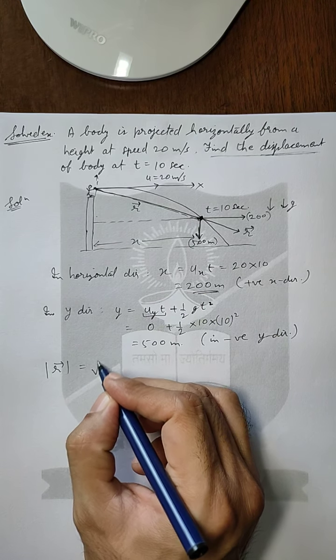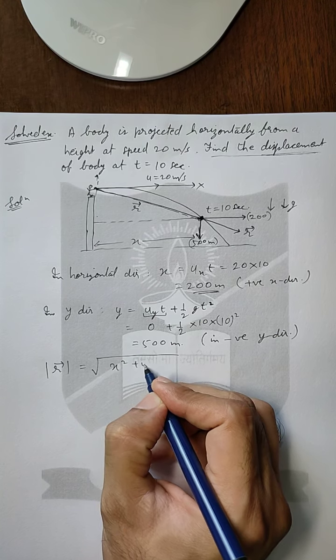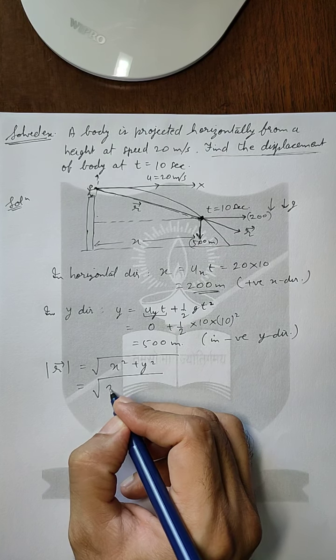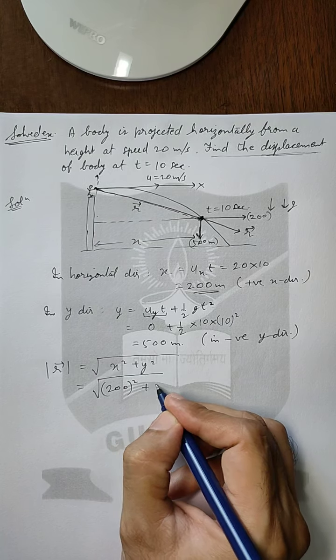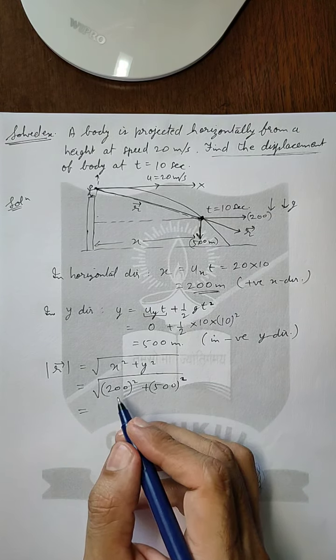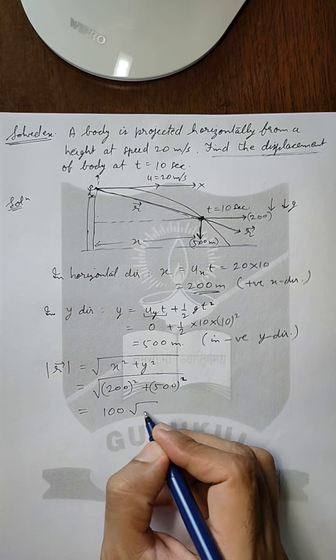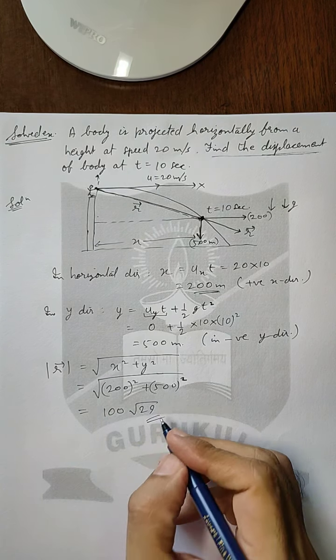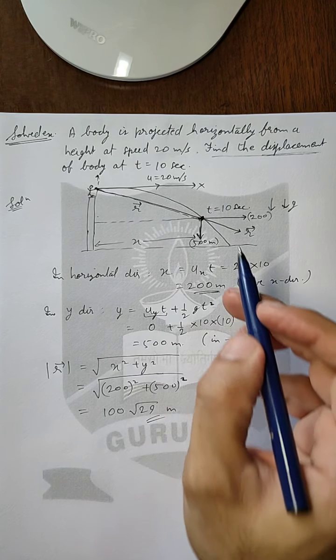So magnitude of r will be given by simply root of x square plus y square. So we'll substitute the values, 200 square plus 500 square, and you can calculate it yourself. The answer that will come out will be 100 root 29 meters. So this will be the displacement.